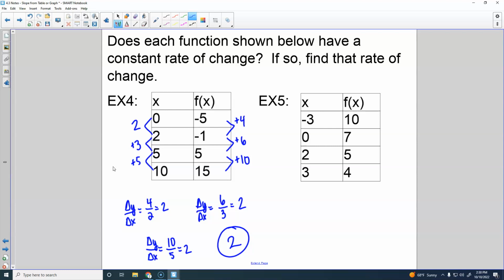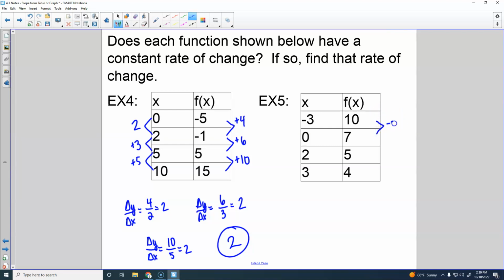Raise your hand if you think there is a constant rate of change. Okay, those of you that think there is not a constant rate of change. Okay, so I've got some non-voters. Alright, so let's check and see if you guys have it.